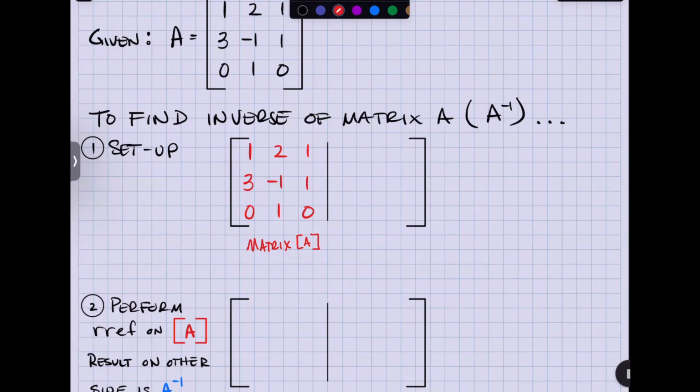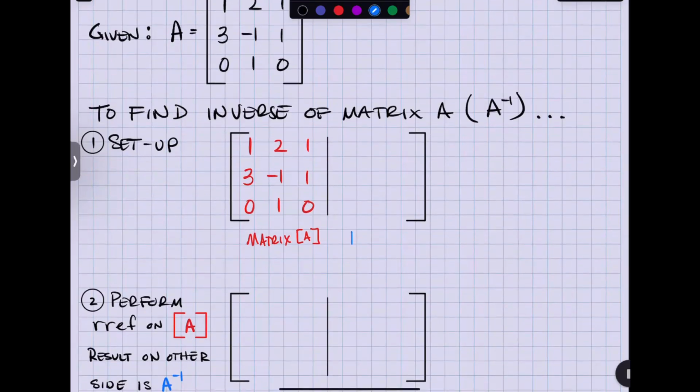On the right side, we're going to put in the identity matrix.